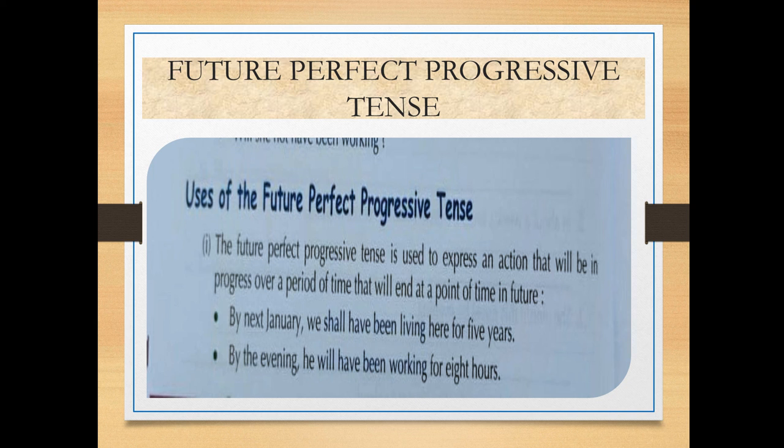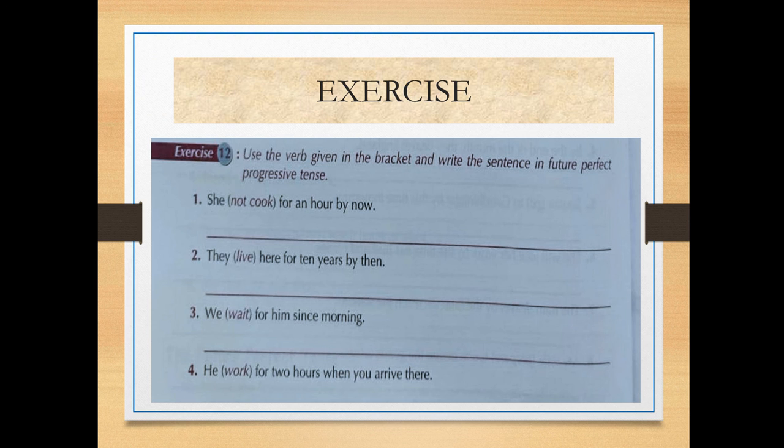That is, by next January, we shall have been living here for 5 years, right? So an action which is in progress over a period of time, and that will end at a point in future. So that is the use of future perfect progressive tense. Clear? Now let's see an exercise related to it.